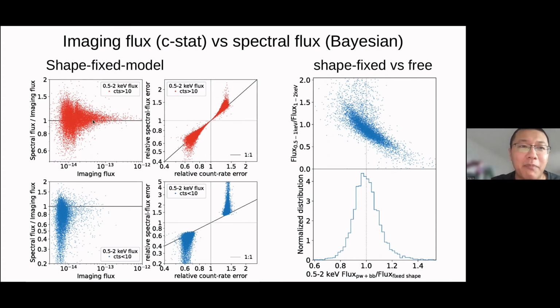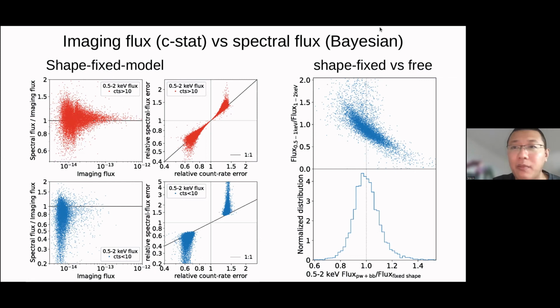Comparing the measured flux and also the errors, they are basically consistent. But in the case of the faint sources, as shown here, this is the ratio between the spectral flux and the imaging flux. The imaging flux measured through the C statistic likely concentrates near the detection limit.